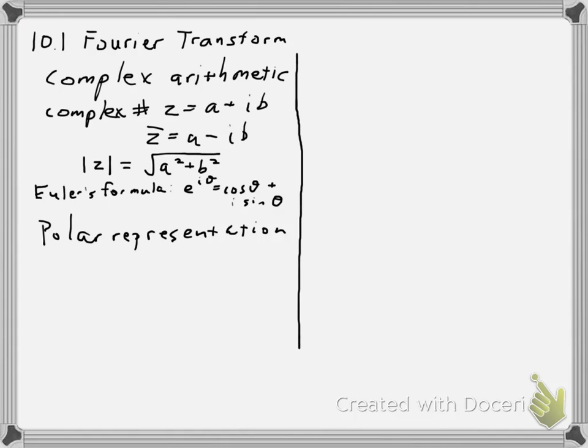This representation goes by the formula r e to the i theta. If we were to draw this in the complex plane, the real axis is the horizontal axis, the imaginary axis is the vertical axis, and we have a point a plus ib, which is here.